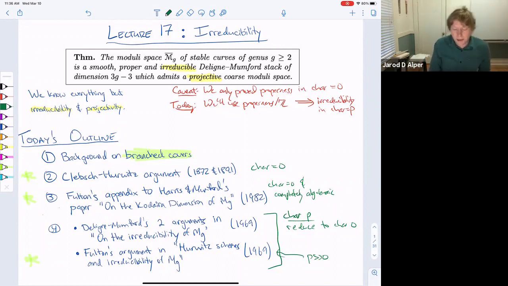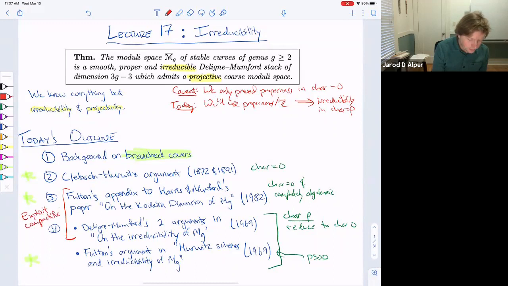It's also completely algebraic in characteristic 0. So I'll present that, and then at the end I'll summarize these arguments from 1969. But I do want to highlight that compactifications play a crucial role in these arguments. These arguments exploit the compactification.